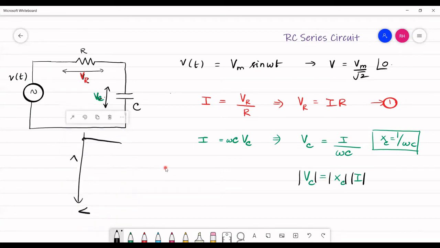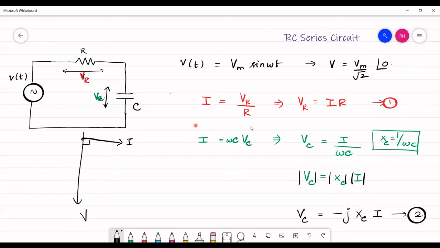So when we rotate it to an angle 90 degree, now the current waveform is becoming the reference, and the voltage is coming along the negative imaginary axis, and hence Vc is written as minus j Xc into I, and this is going to be our second equation.